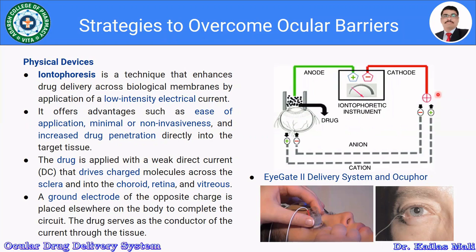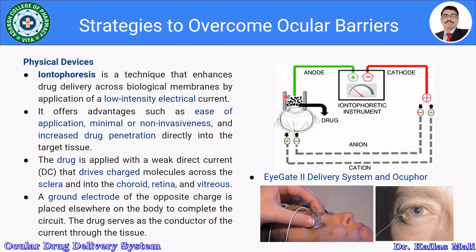Here there is a device in which the drug is placed, and furthermore, we apply the weak current so that the drug is permeated into the cornea, sclera, choroid, retina, and vitreous.